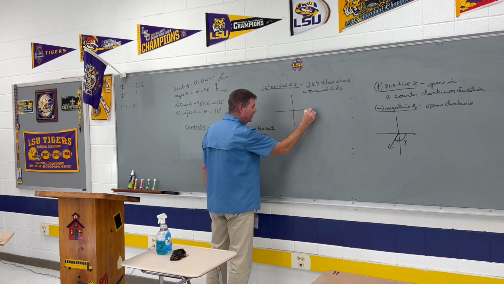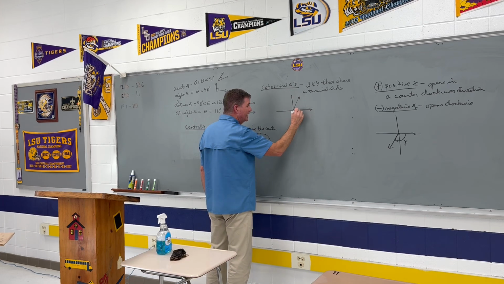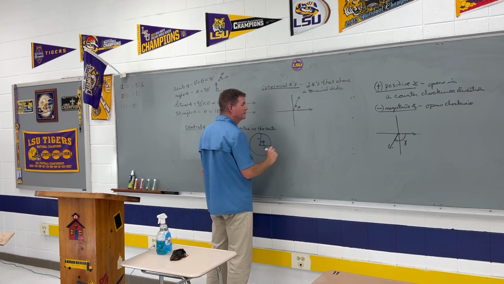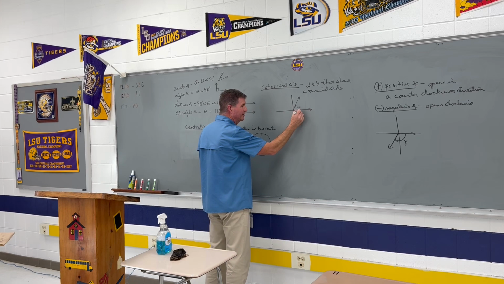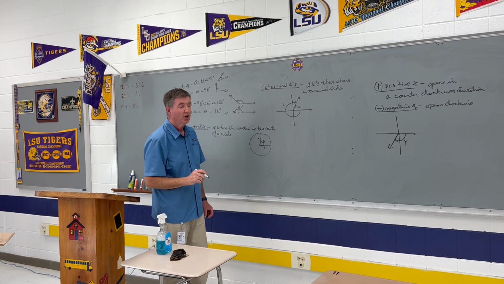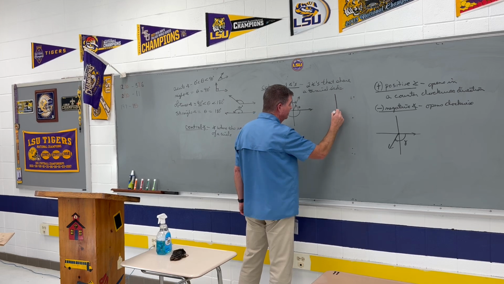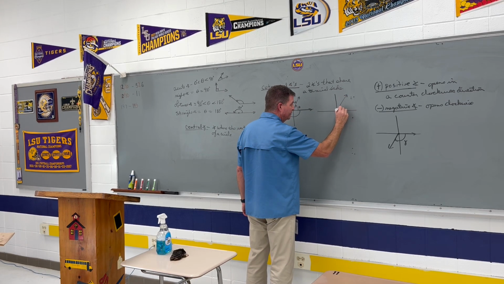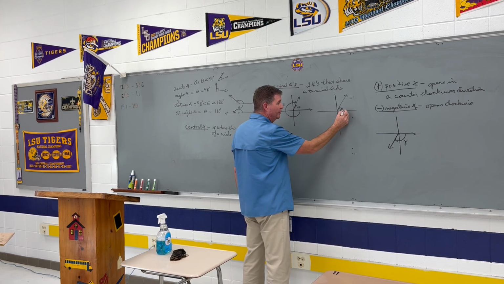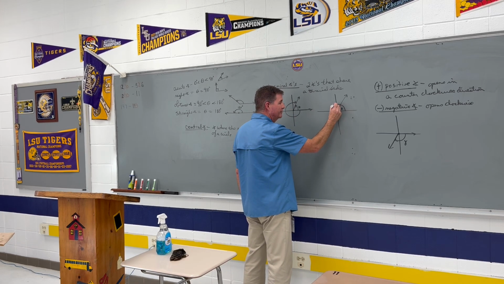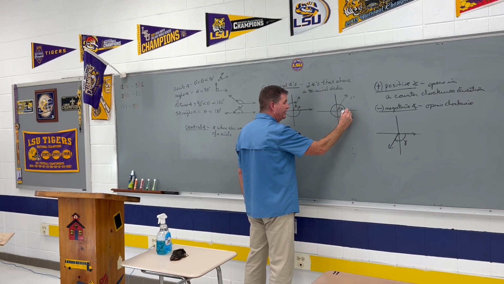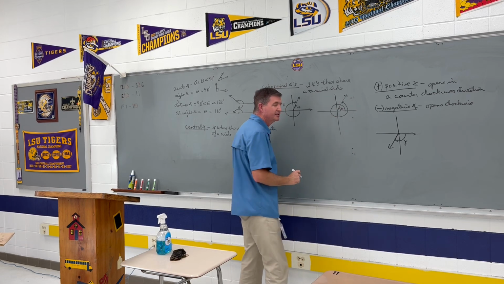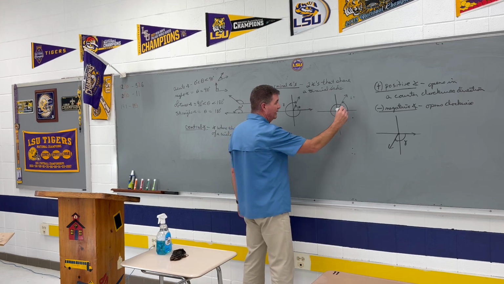So I might have this as angle theta, and the coterminal angle with this could go backwards and have the same terminal side. Or I could have two coterminal angles where one would be theta, and the other one could still be a positive angle, but it may go all the way around and then come back to touch the same terminal side for alpha.